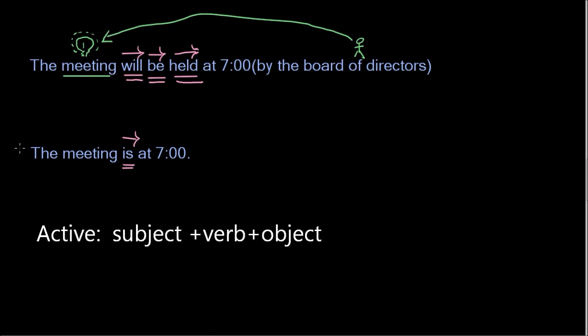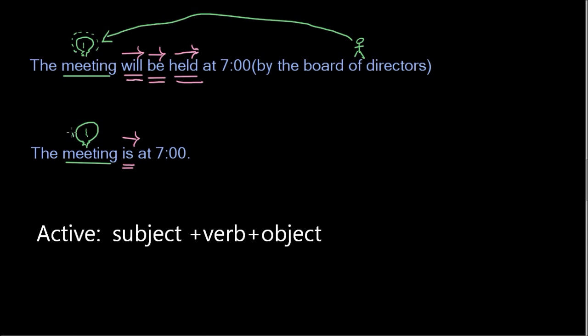Now we're putting the meeting in charge, and we're just going to flat out say the meeting is at 7. Is a be verb, but there is no past participle. Much more direct, clearer, and shorter.